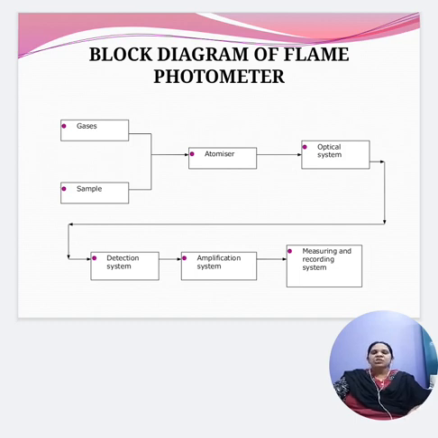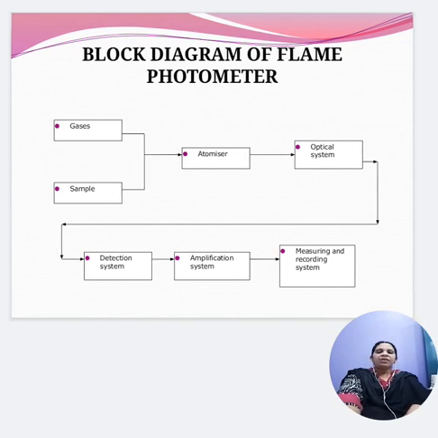Then the optical system, then the detection system, consisting of detection and amplification, where you use a signal conditioner to condition your signal. It may be amplification or integration, or attenuation of your signal to the desired levels, and then the measuring and recording system.